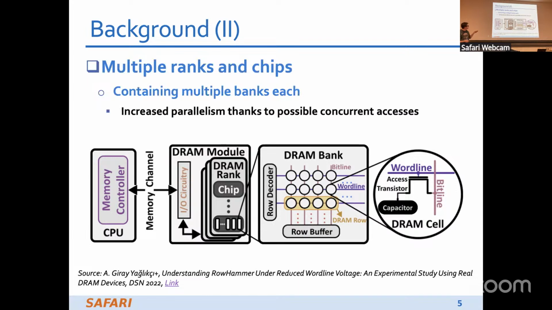As I've said, this leads to increased parallelism thanks to possible concurrent accesses over all the different banks, and leads to memory being quite fast nowadays.